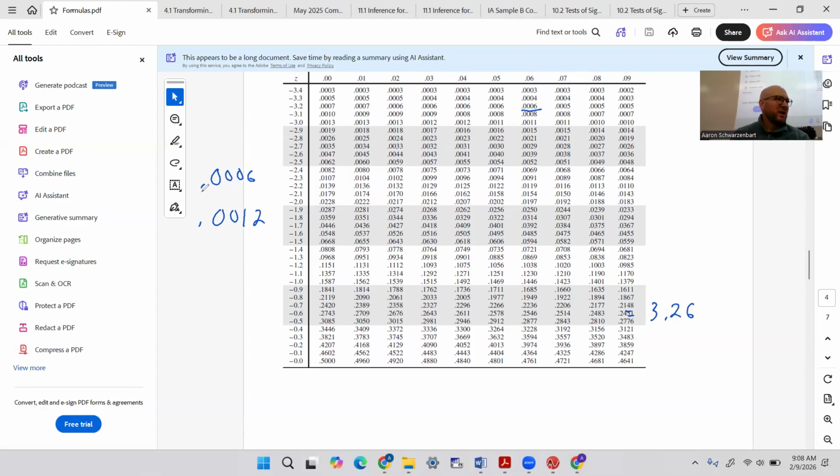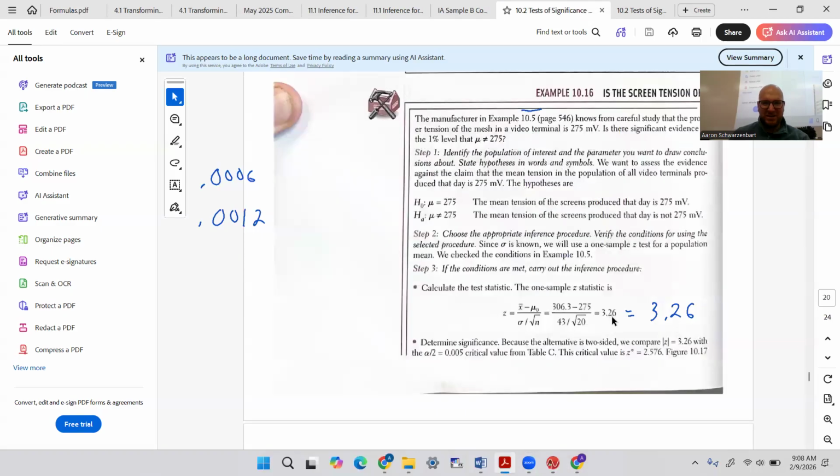So I will reject H naught and conclude HA. These are not good enough at the 1% level. Sometimes I still have to think about what I'm saying. It's the hardest part about this.